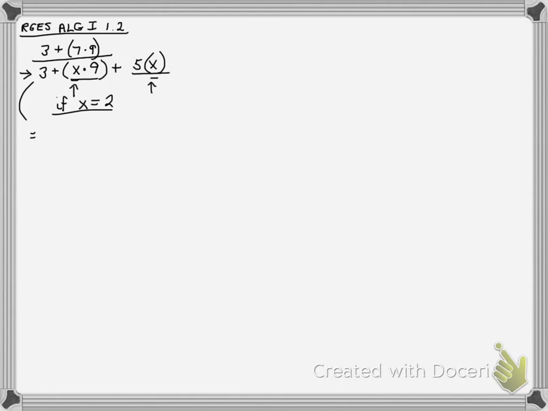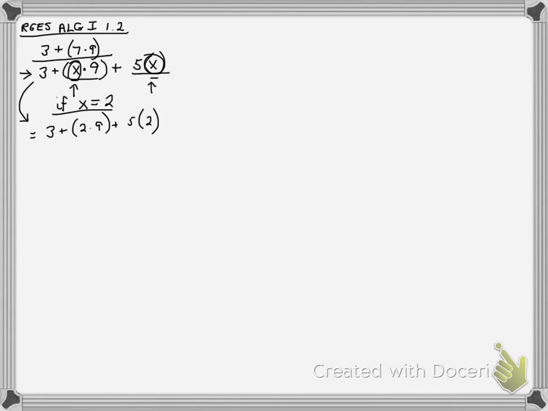So bringing this down, I would go 3 plus 2 times 9 plus 5 times 2. And notice I'm very, very careful to keep all the grouping symbols, all the operations, everything just as I see it, except now I took away every x, and wherever I had an x, I now have a 2.